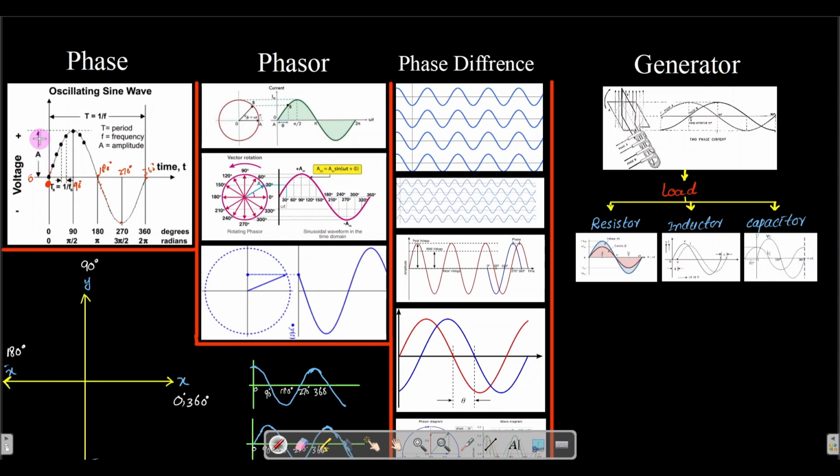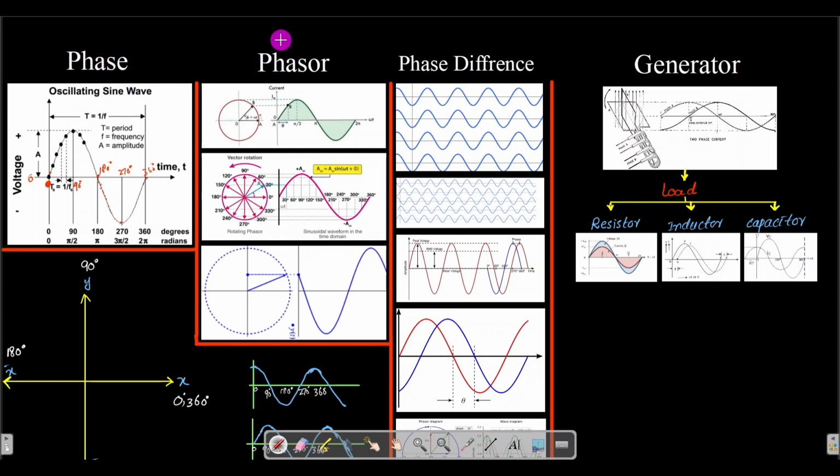So each degree has a different magnitude of the alternating quantity, and that amplitude may be different in sign. Therefore, the change in the alternating quantity for each and every degree is described by the phase.